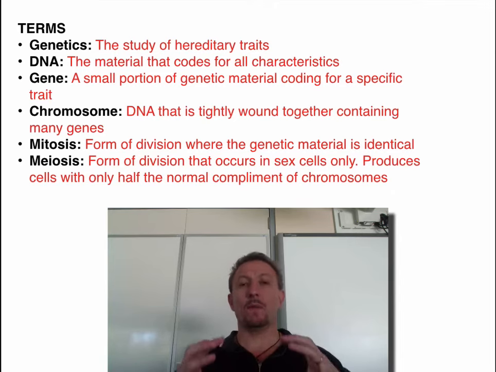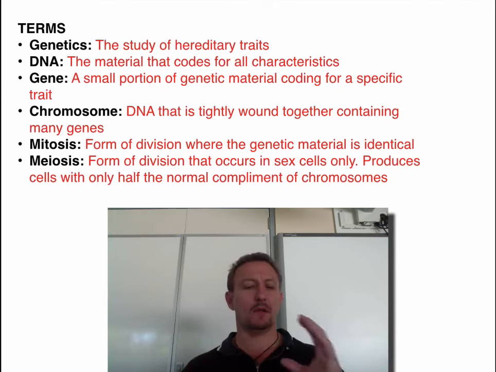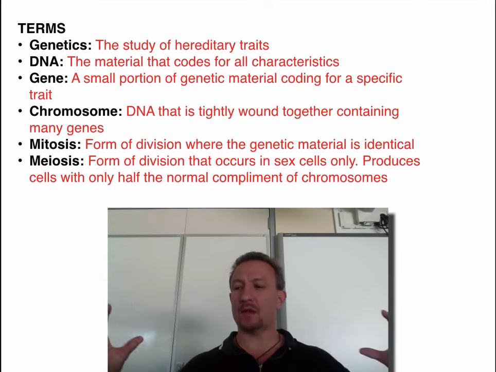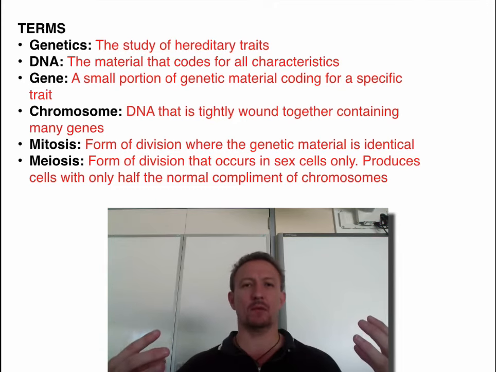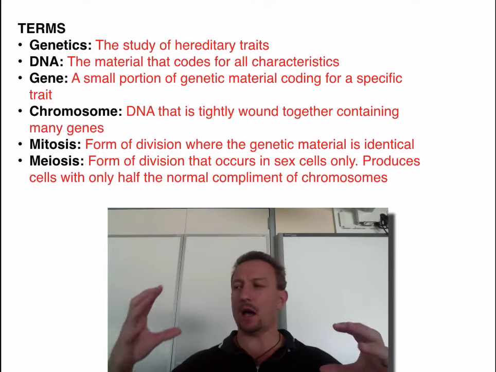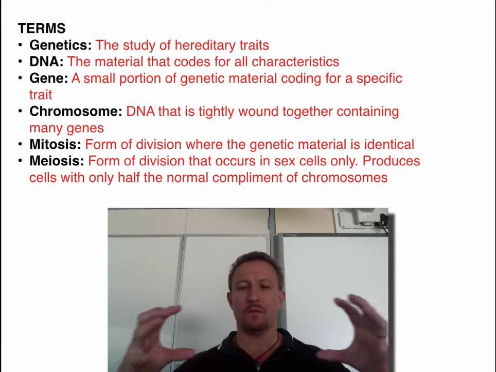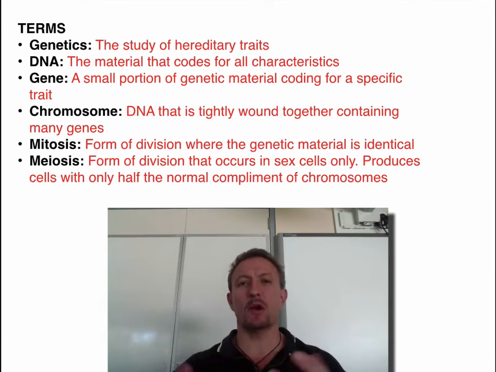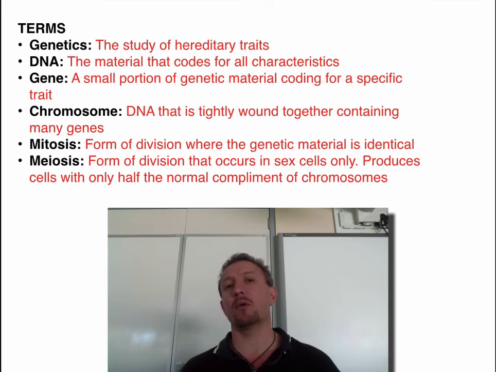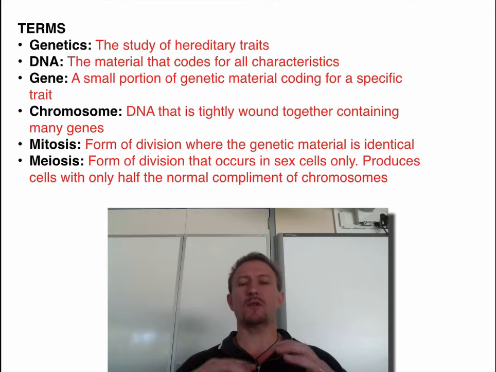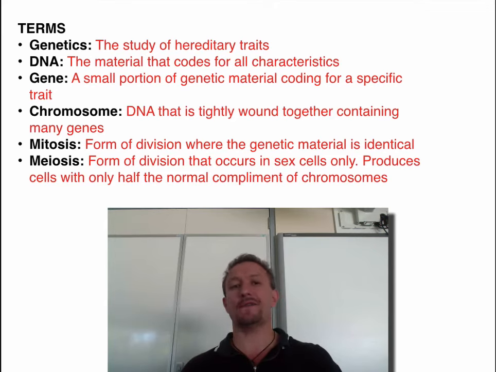The pairs come from the fact that a sperm and an egg, or a pollen and the egg, only have half the number of genetic material. When we put them together, we get a full complement of genetic material. So meiosis is very, very important in making sure that you only end up with cells which have half the complement of chromosomes.